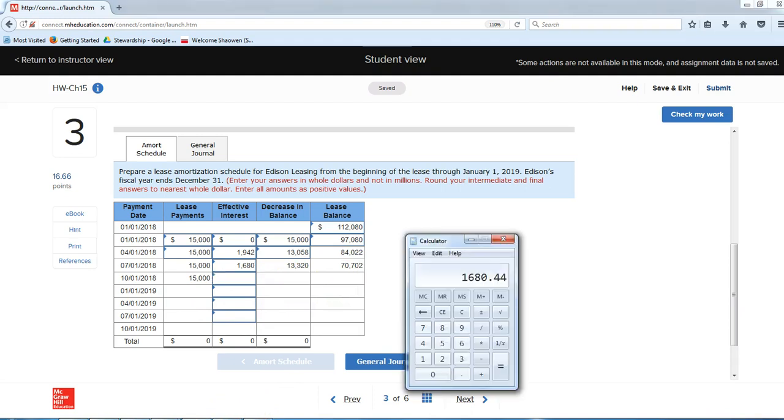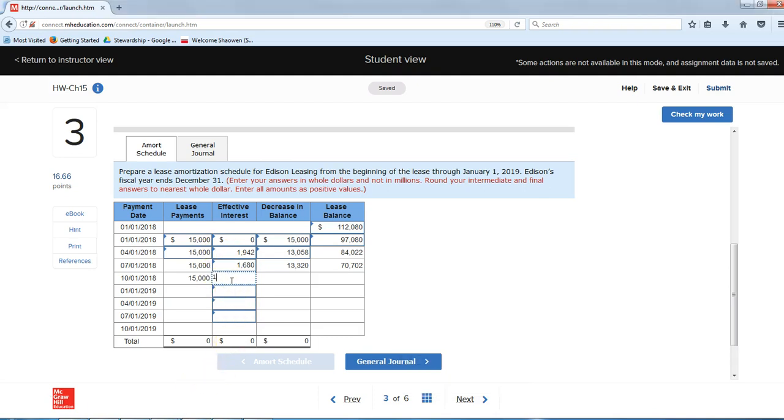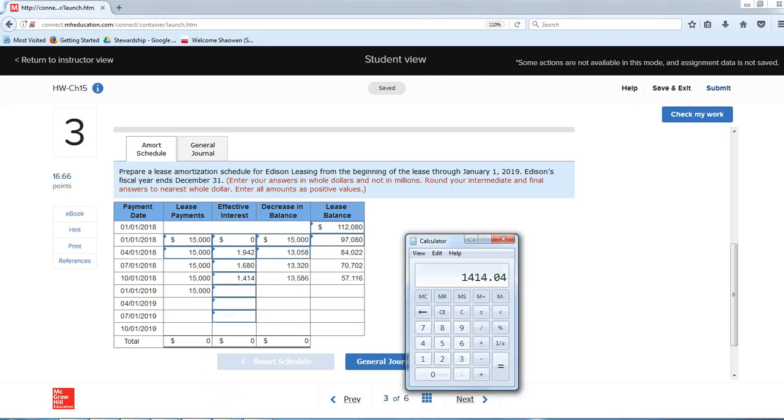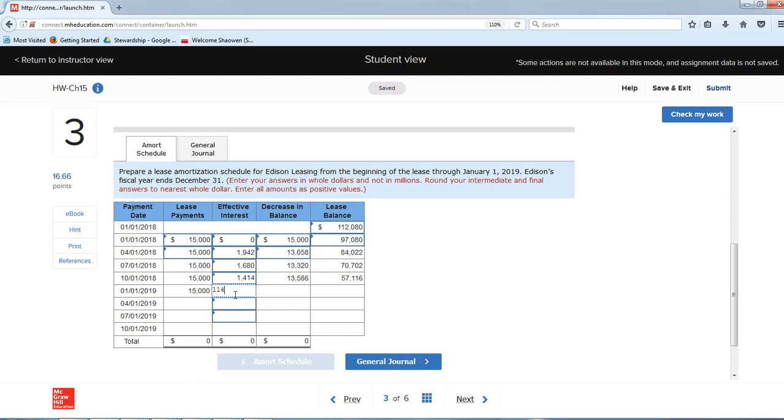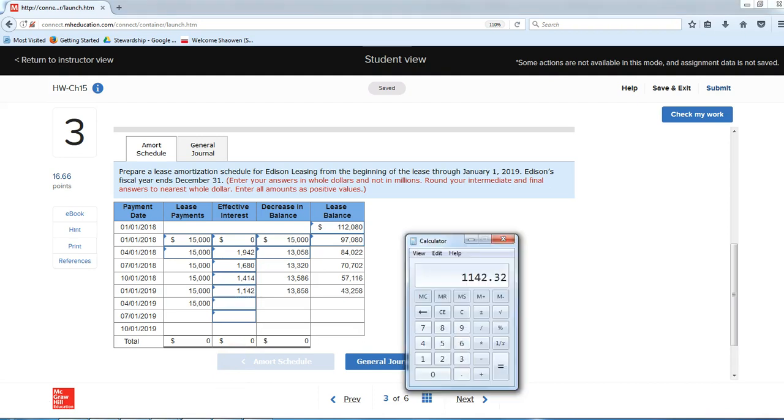Next period, the interest will be 7,702 multiplied by 2%. $57,116 is the previous balance multiplied by 2%. So January 1st, 2019, we have interest revenue of $1,142.